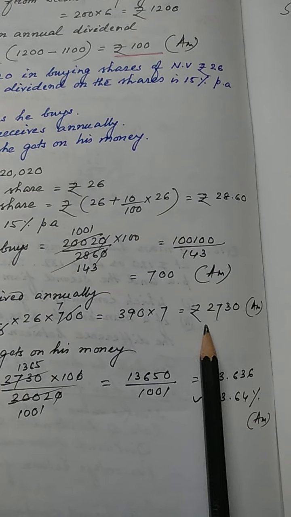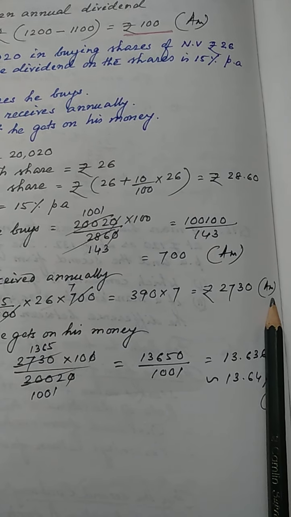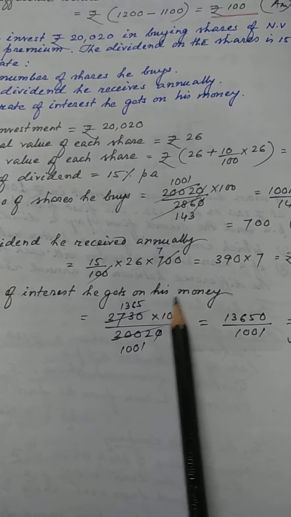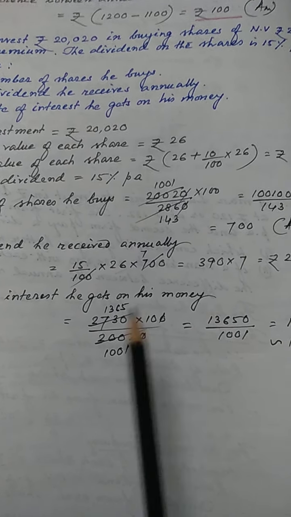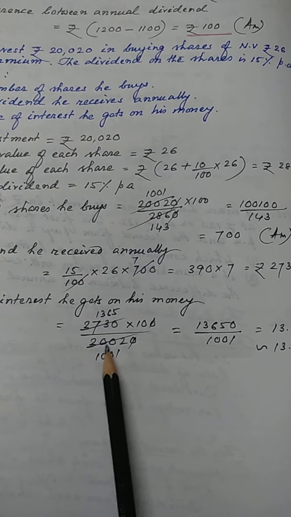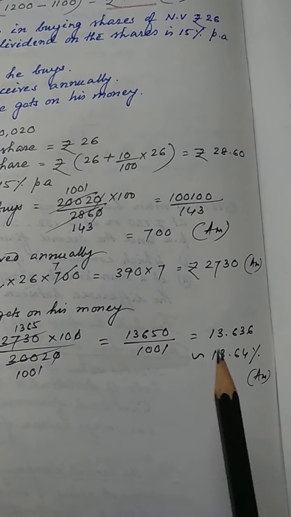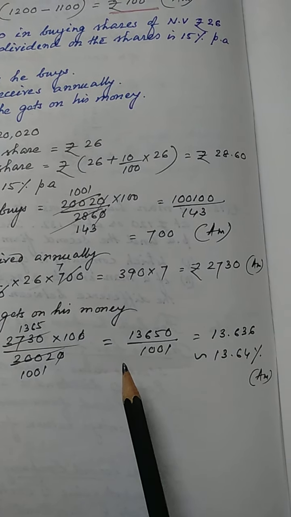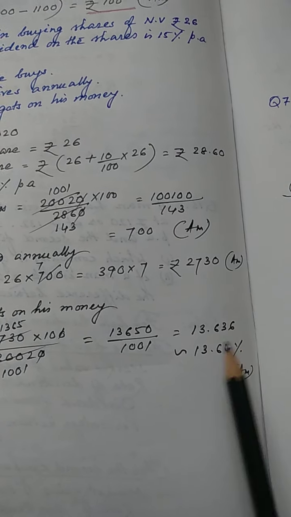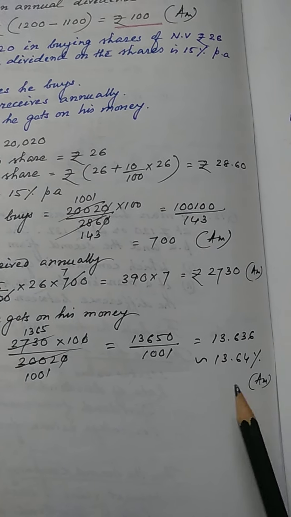So it's coming 390 into 7, that is rupees 2730. Then rate of interest he gets on his money will be 2730 by 20,020 into 100, and it's coming 13,650 by 1001, dividing it 13.636, rounding it up to 13.64%. So this is the answer.